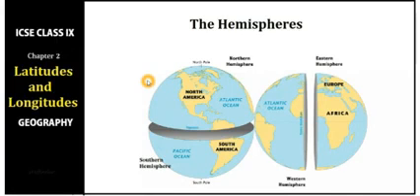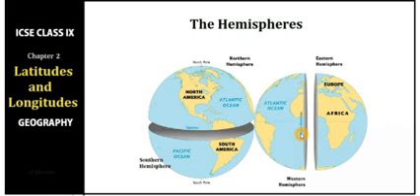Exactly like that, the prime meridian and the exactly opposite meridian, the 180 degree east or west, also divide the Earth into two equal halves, that is, the eastern hemisphere and the western hemisphere. Through these hemispheres, we understand on a map whether the place is located on the eastern side, western side, northern side, or southern side.